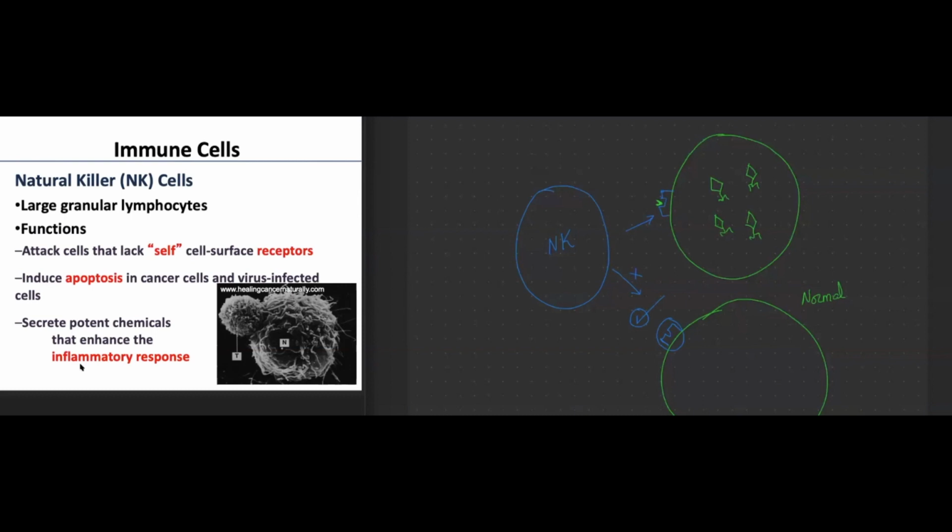And as I don't have this antigen on my normal cells, this cell has something wrong going on. So I need to attack it and kill it. But actually, the natural killer cell won't kill it. It will enhance it to kill itself. It will induce a cell apoptosis.